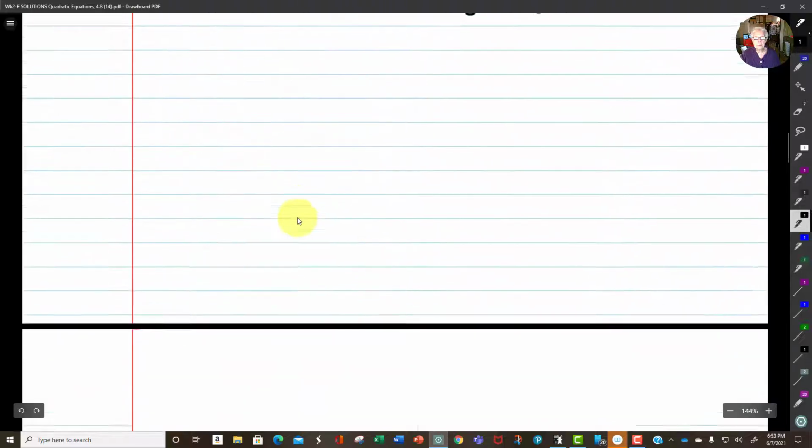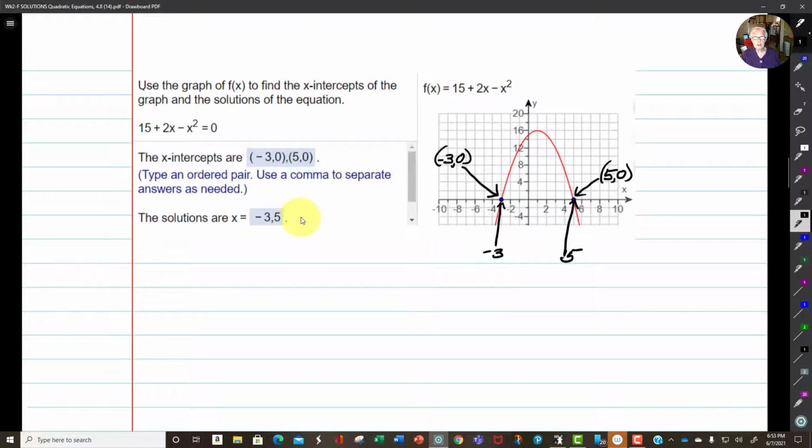We have another problem like this over here. Here we have what's called a cupped down parabola. This is the graph of f of x equals 15 plus 2x minus x squared, which is really annoying because it should really be written as negative x squared plus 2x plus 15.